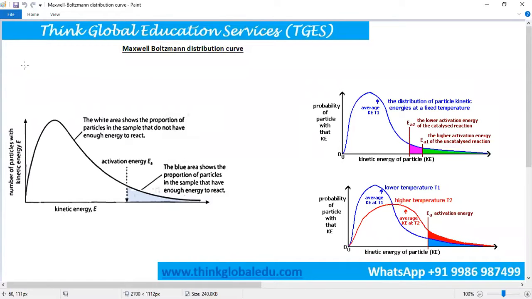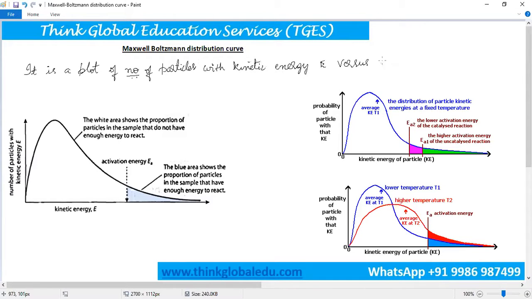So, the Maxwell-Boltzmann distribution curve is a plot of the number of particles with kinetic energy E versus the kinetic energy.